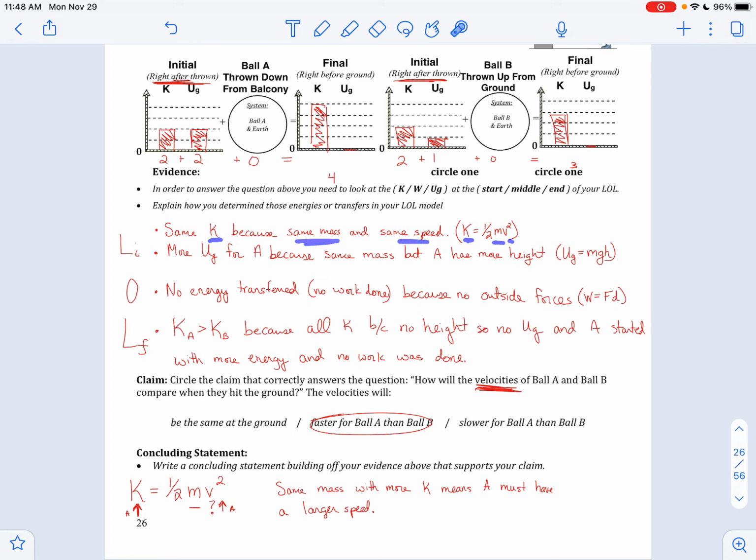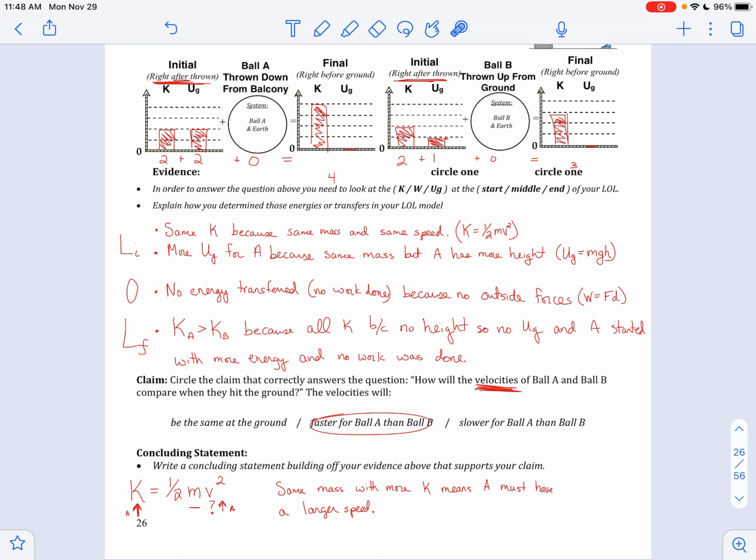Or here, we talked about UG, and we talked about mass and height. Don't need to talk about little g, the gravitational field strength, because we're all here on Earth, we're not changing that. So be careful for that. And then this last one is how did you figure it out? How did you get this last one here? And it's based on the first two.